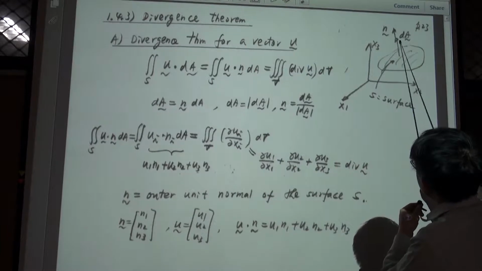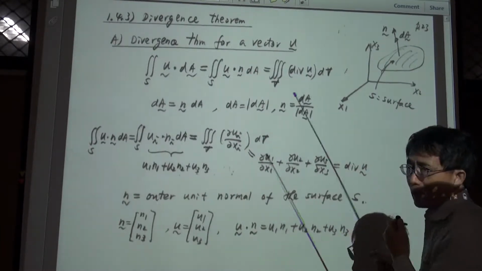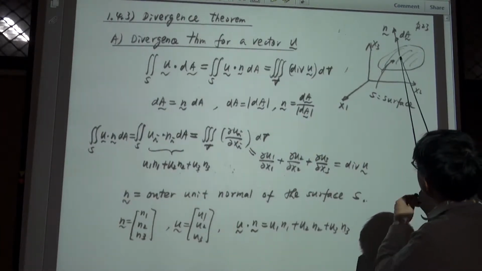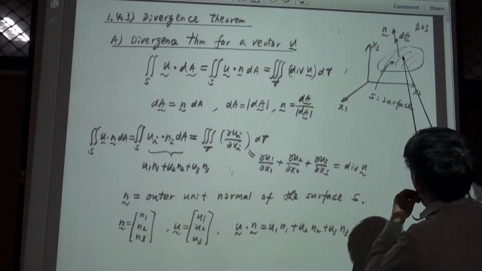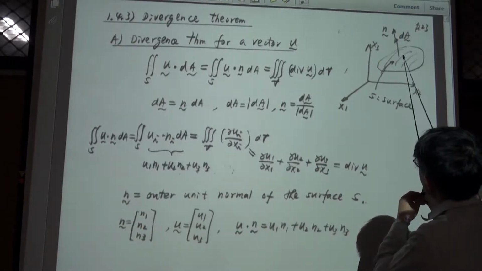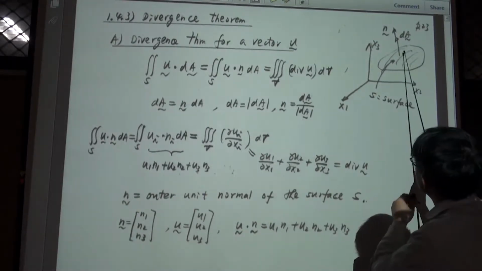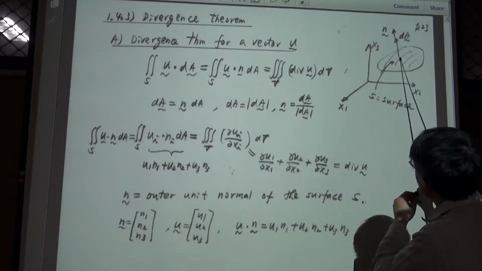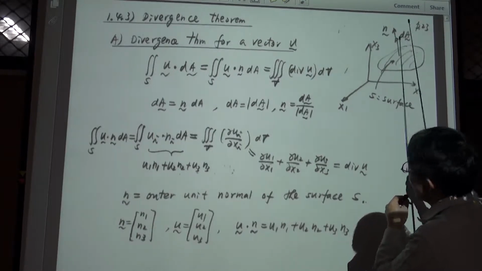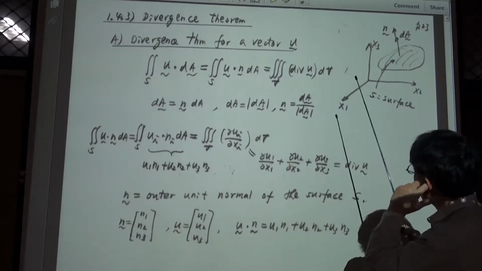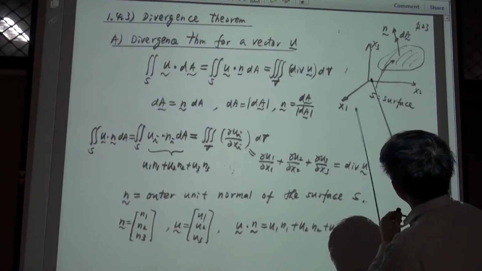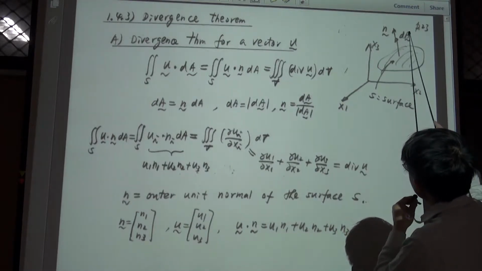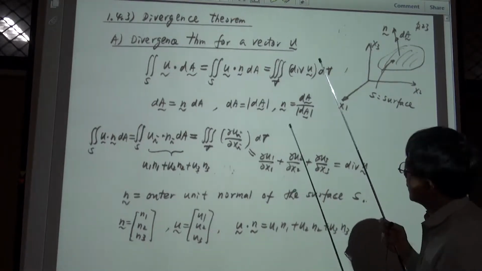Okay, and then the length of this vector represents the scalar of the area here, because we have a small area here. How small? How large? The size of the area equals the length of this vector.